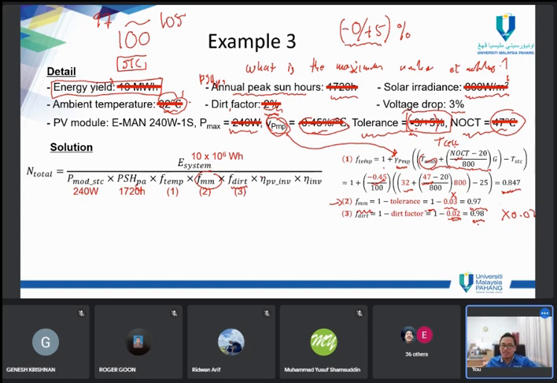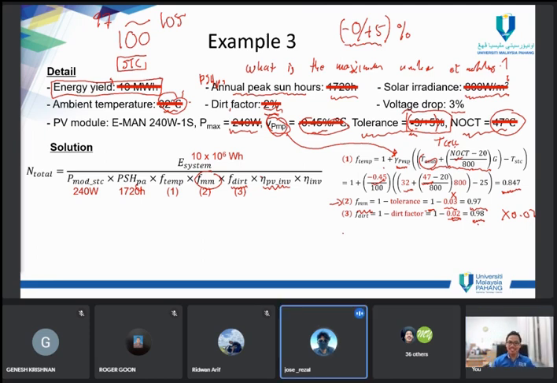What about the cable efficiency? You have to find it, but it's the same concept as equation number 2 and number 3.